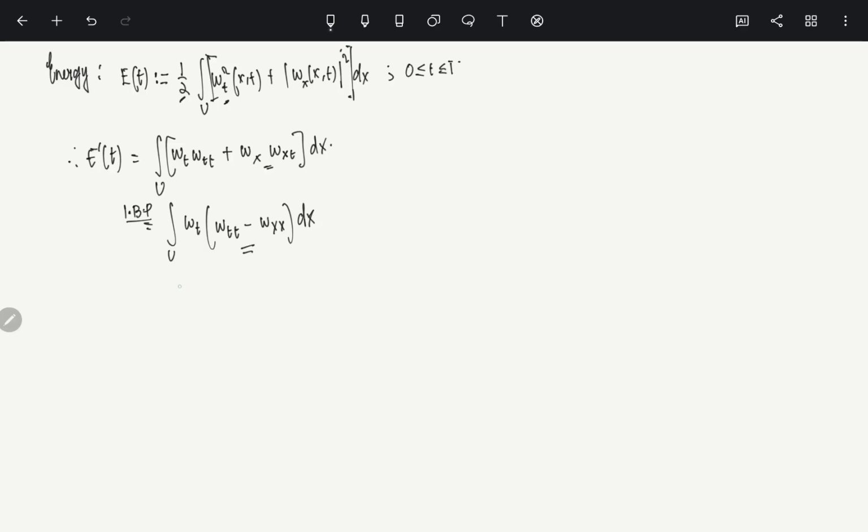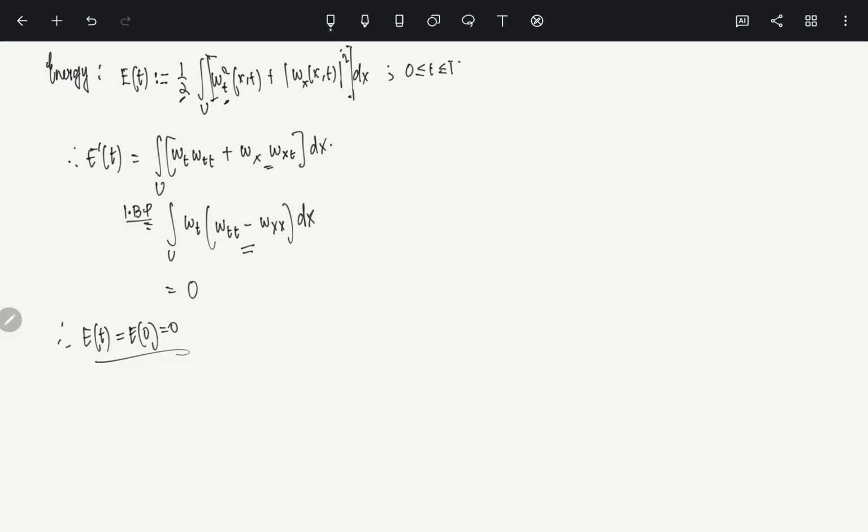Now you see w_tt minus w_xx is 0, so basically this is 0. Therefore what it is showing is that the derivative of the energy with respect to time t is 0. So E'(t) is 0 means the energy is constant. That's what we know, that for a system the energy is constant.